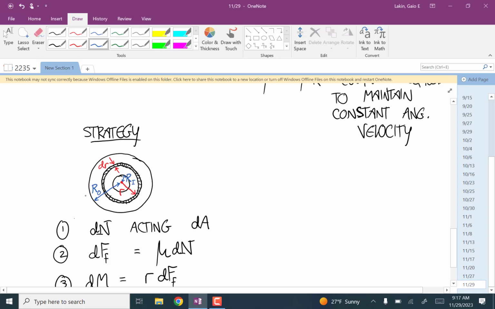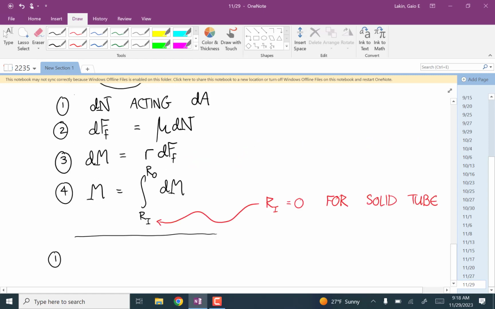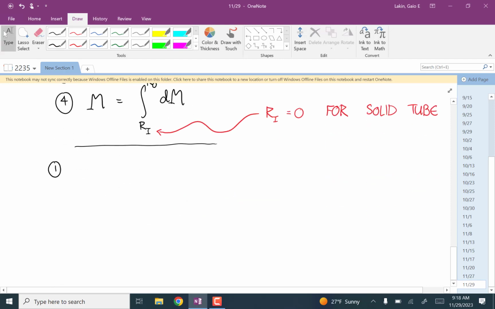That won't come up until the end when we need the boundaries of integration. Okay, well, the first step is we're going to recognize that the ratio of the infinitesimal normal force on that ring to the total normal force is the same as the ratio of the infinitesimal area to the total area.